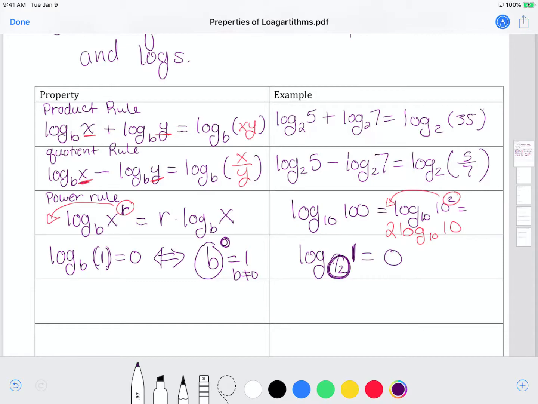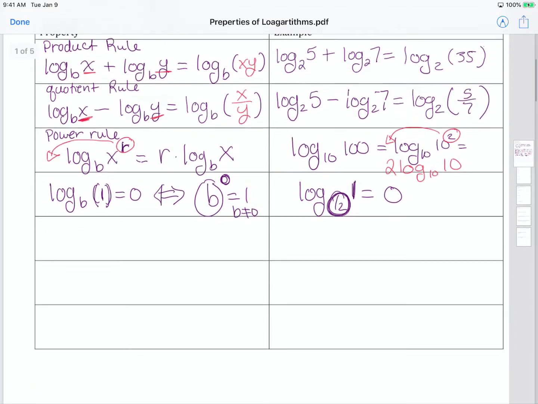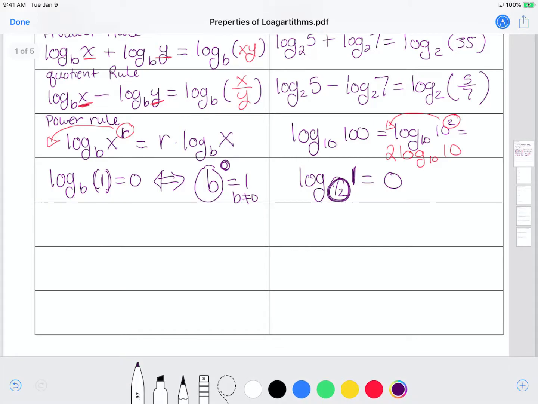Okay, next rule. If I have log base b and I have b to the r in here, then this is always going to be equal to the exponent if my base and what's inside here for my base is the same.